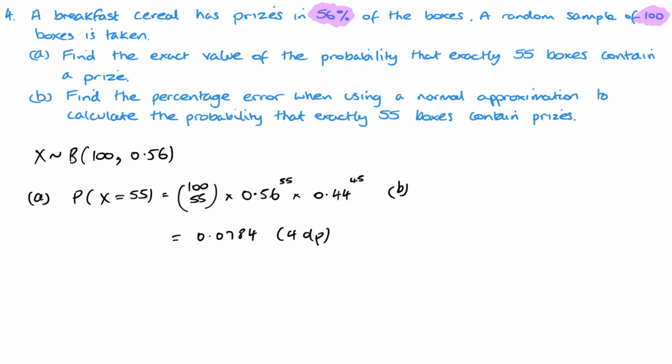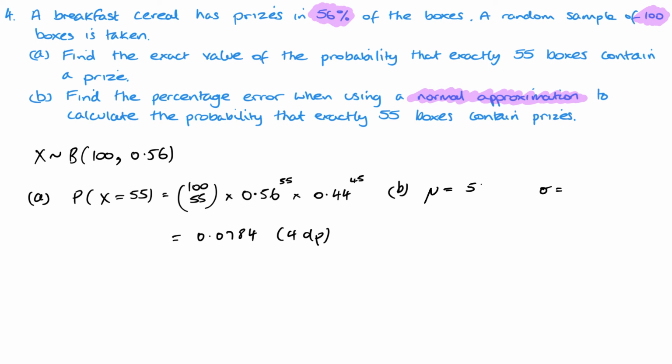Now, part B is a little twist on our approximation. It's telling us to use a normal approximation. Okay, so we don't have to work that out, but it is obvious because it's close to half and fairly large. But it's asking us to find the percentage error. So it means we need to take the normal approximation and then find the percentage error between the two values. So first, let's find the mean and our standard deviation.